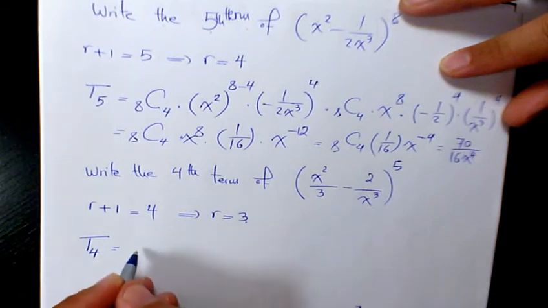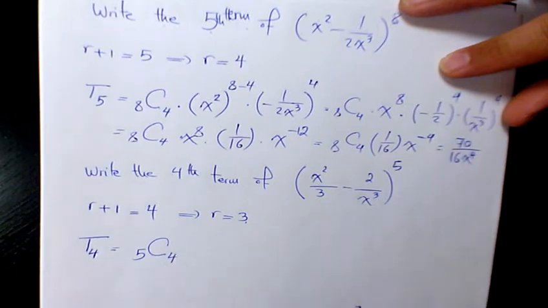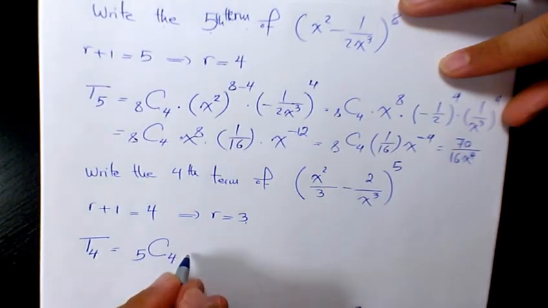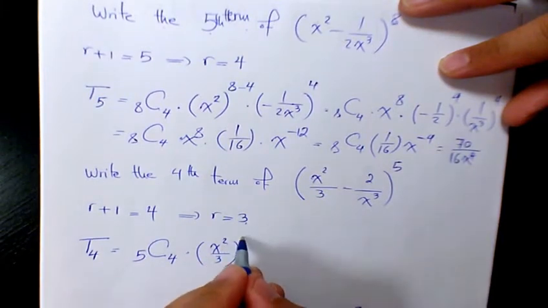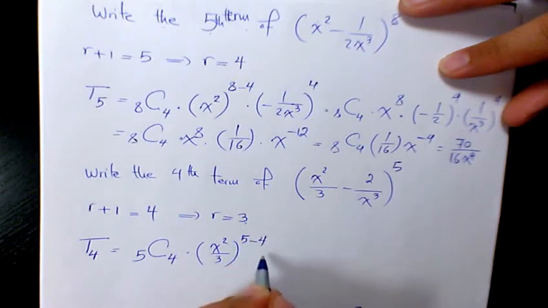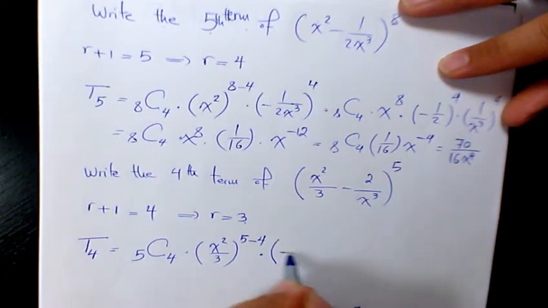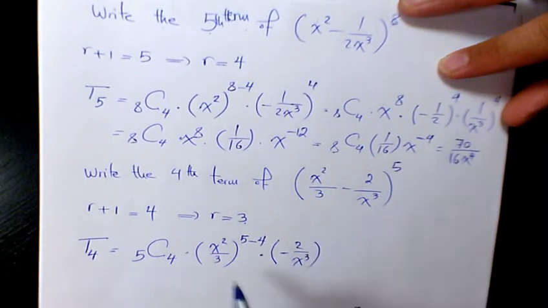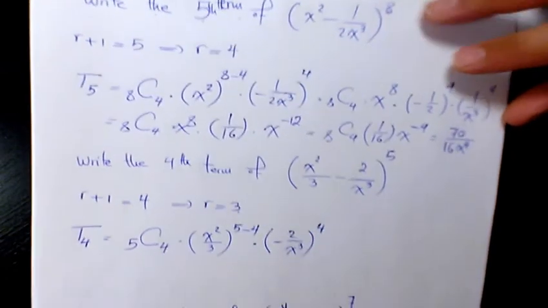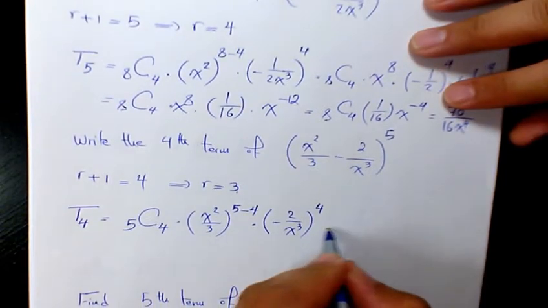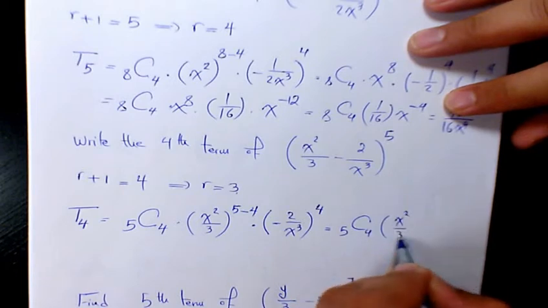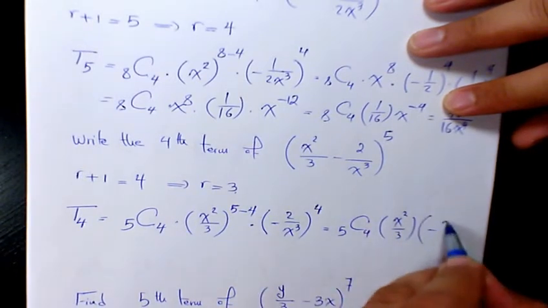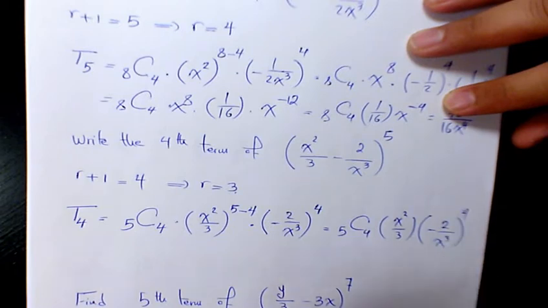That's going to be 5C4 times x squared over 3 to the power of 5 minus 4 times negative 2 over x cubed to the power of 4. When you simplify it, it's going to be 5C4 x squared over 3 to the power of 1 negative 2 over x cubed to the power of 4.